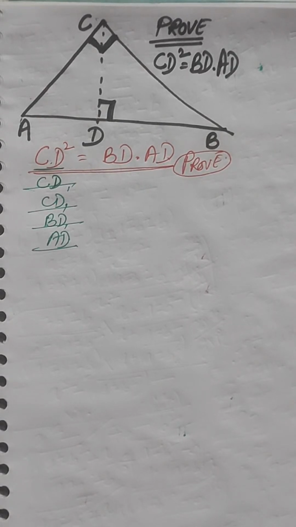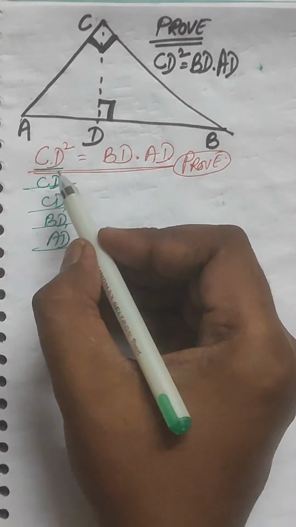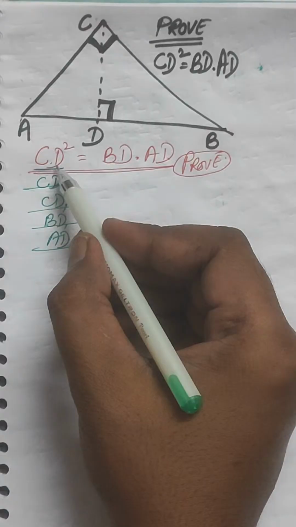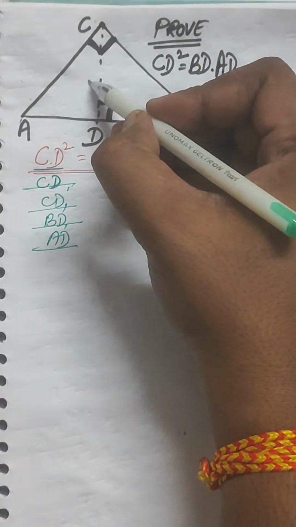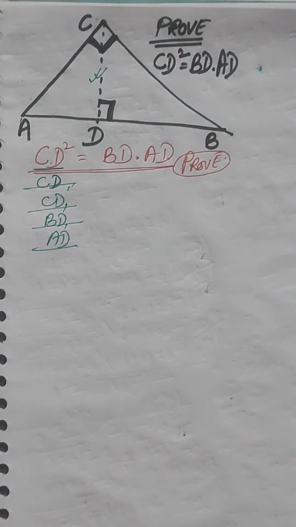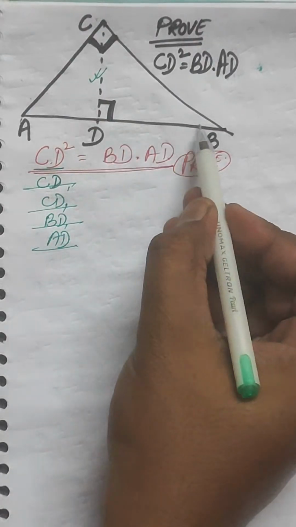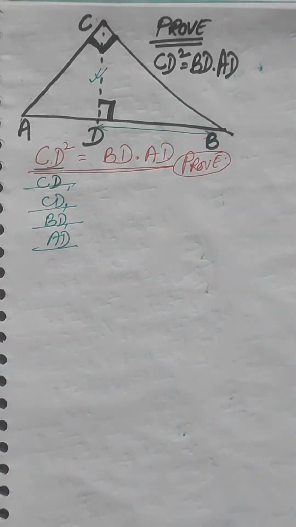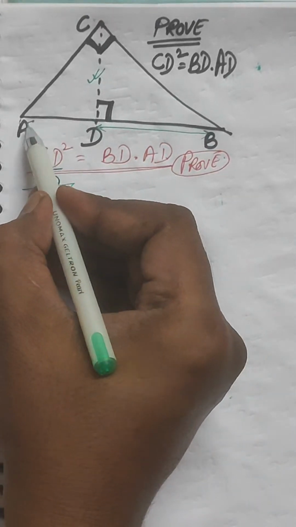So here, all these sides CD, BD, AD. CD is coming 2 times. CD is this side, and this is BD, and this is AD.